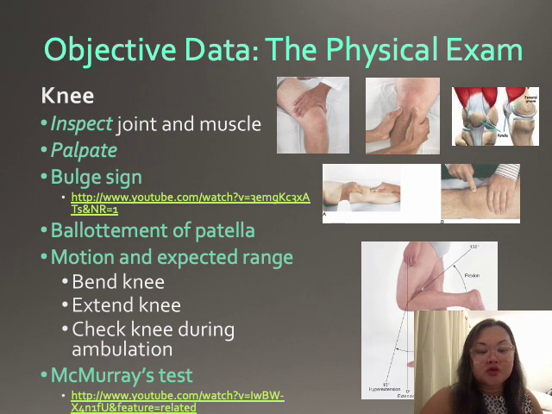You want to also check McMurray sign to see if there's any possibility of meniscal tear. So although you're not going to be performing these in lab, I do want you to be familiar with them for our lecture.